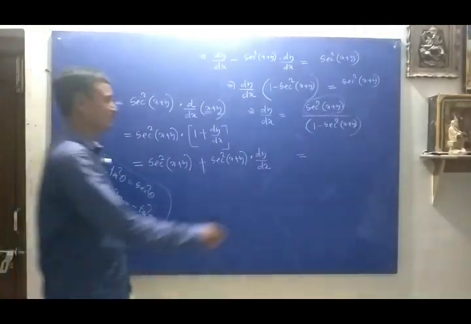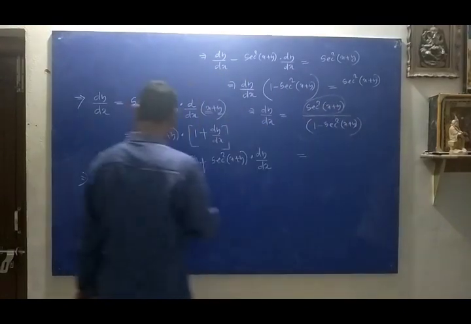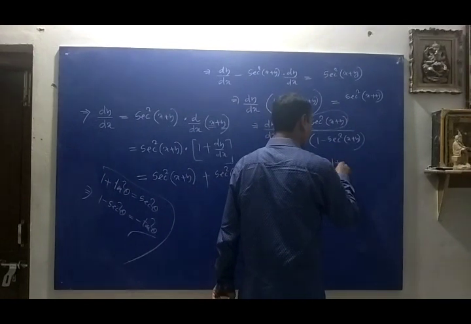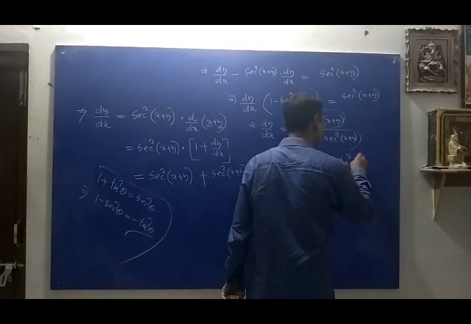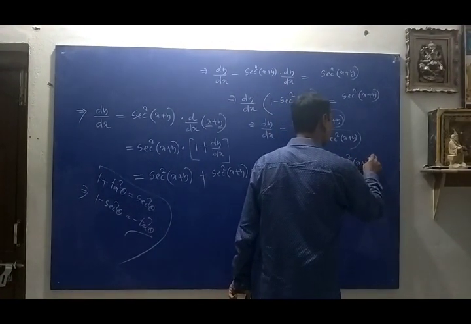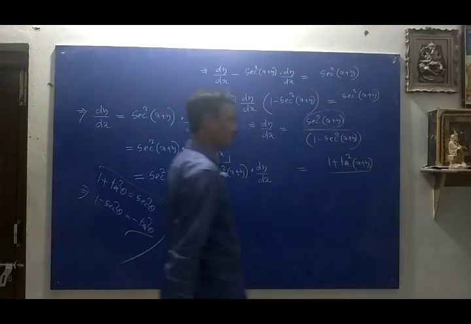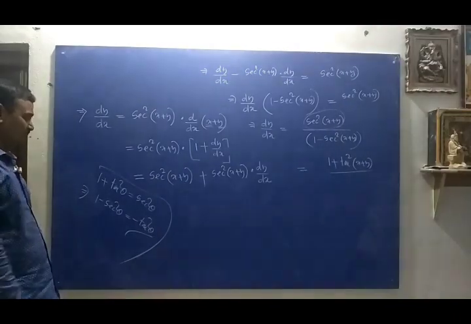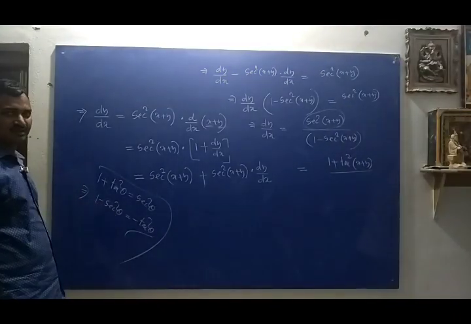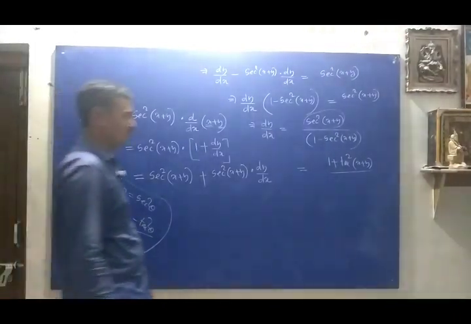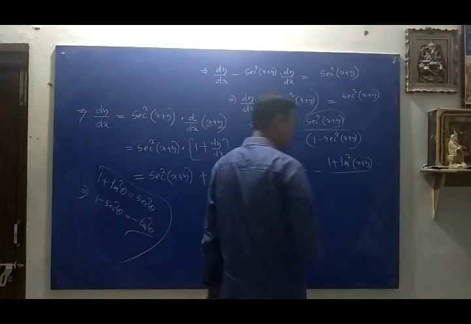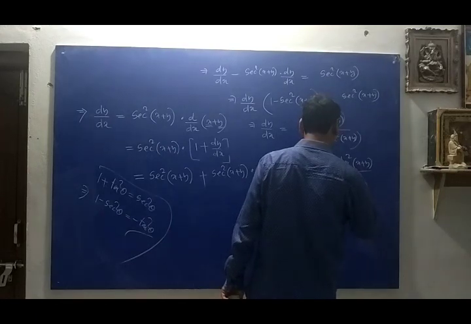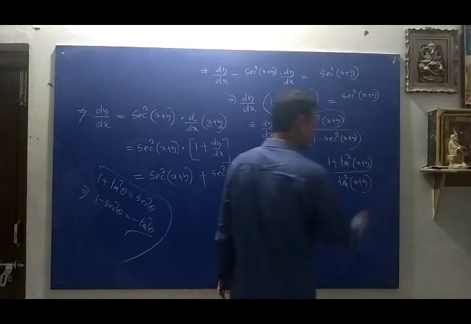Apply here: sec square of theta becomes 1 plus tan square of x plus y, divided by 1 minus sec square theta, which is minus tan square of x plus y.